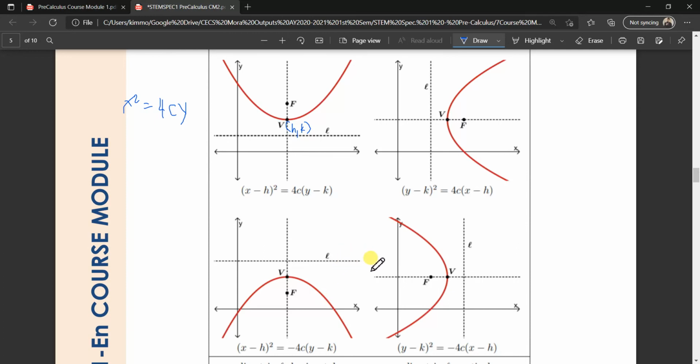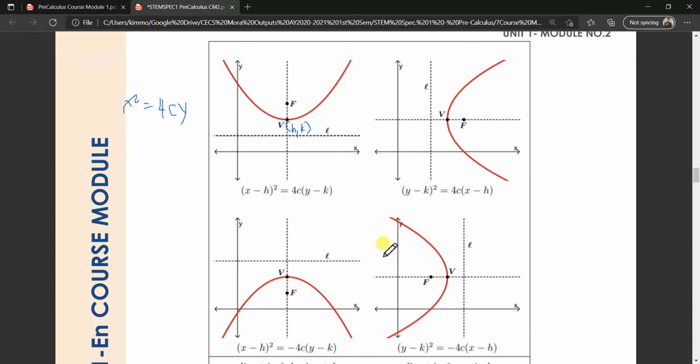How about the horizontal parabolas, those that are opening to the left or right side of the rectangular plane? For a parabola that is facing the right side of your rectangular plane, our equation will be (y minus k) squared equal to 4c times (x minus h).